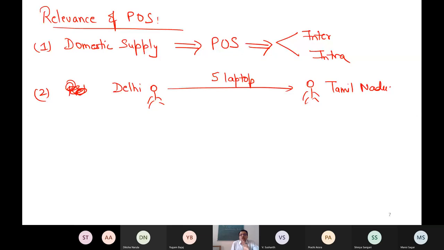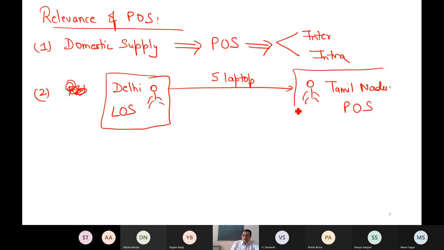Till today, I have not taught these two topics. So for simplicity, let me assume that Delhi is the location of supply, and that the place of supply is Tamil Nadu. As a layman, you can say these things, but not as an expert. If you are an expert in GST law, you will say that no, let me read first. So for simplicity, I am assuming these two things.